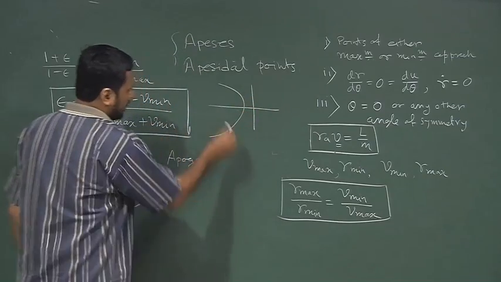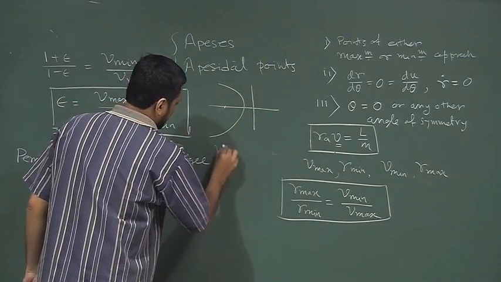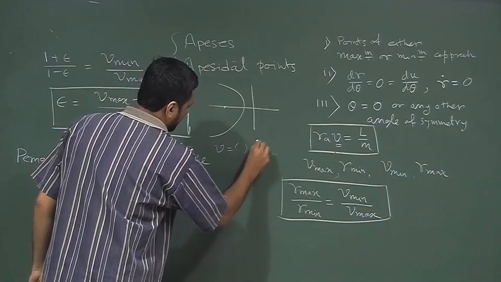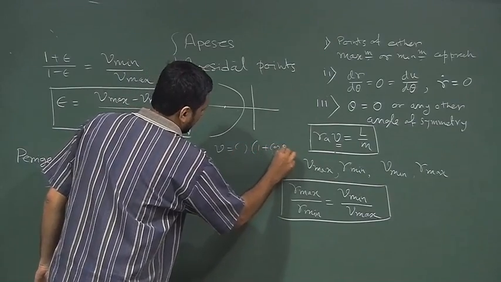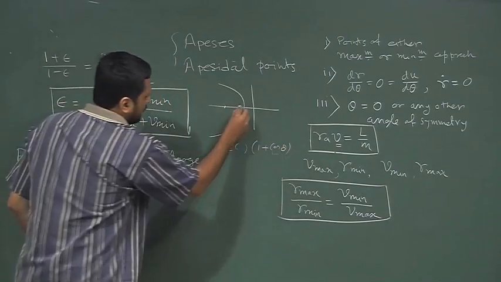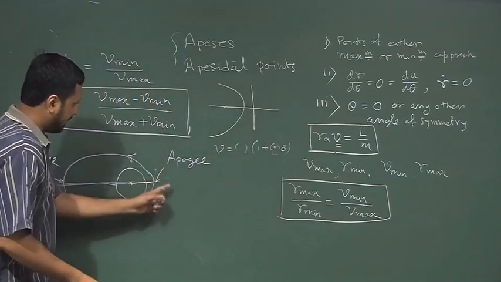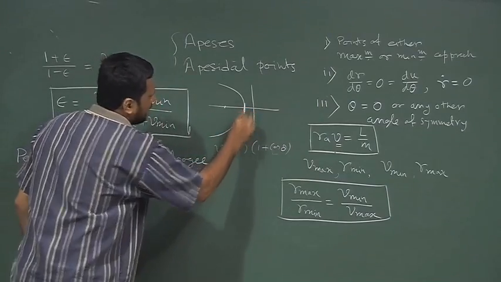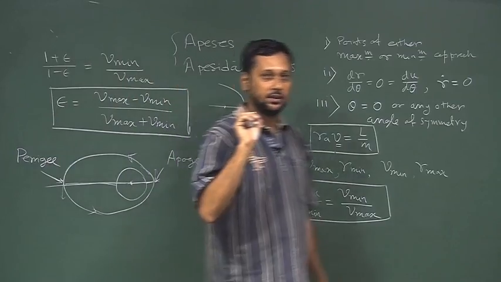Also, the parabola we drew previously, the velocity was some constant times 1 plus cos theta. One of the apsides, the perigee distance is this and the apogee distance was at infinity.